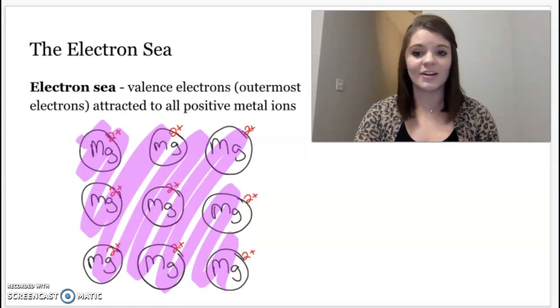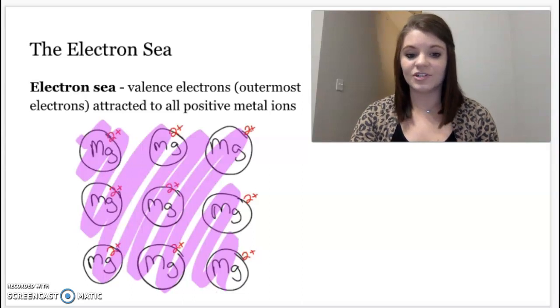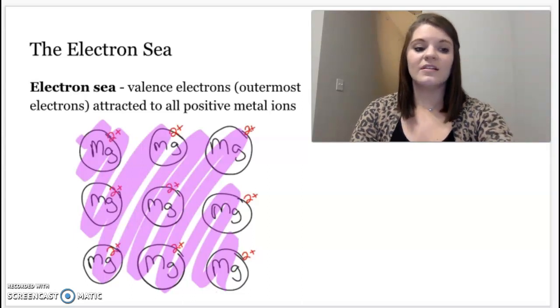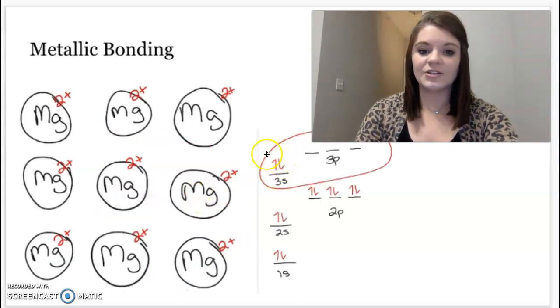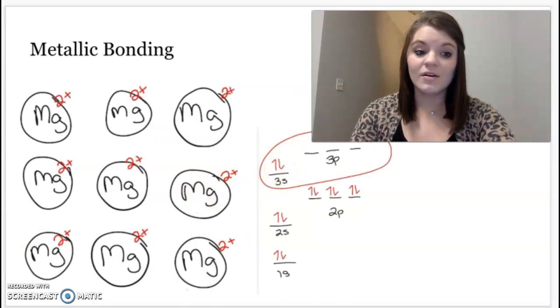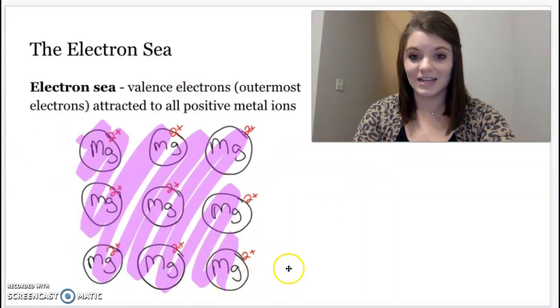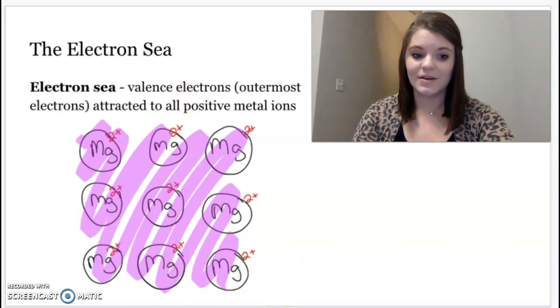All the bonding we are going to talk about in this unit comes back to positive and negative attractions. The two electrons we're losing from the 3s subshell are all being shared by these now positive magnesium atoms.